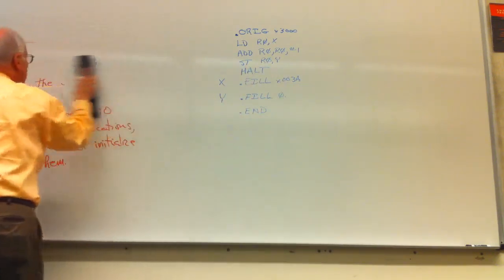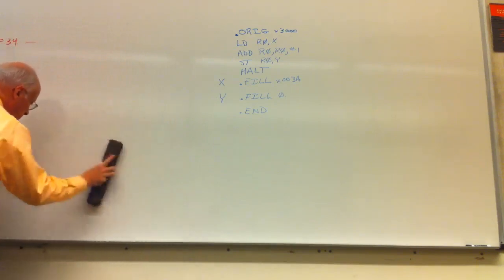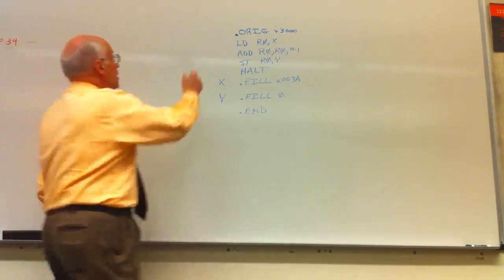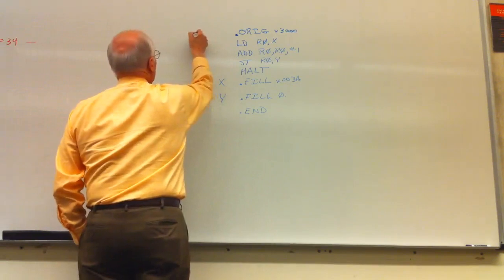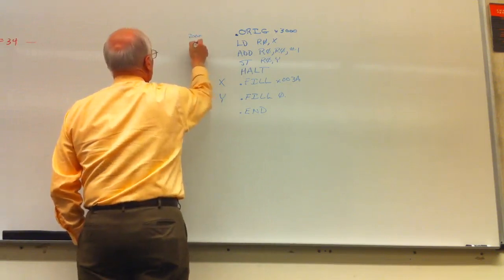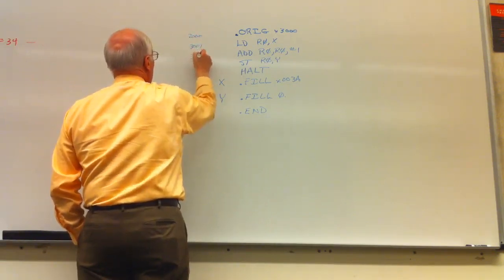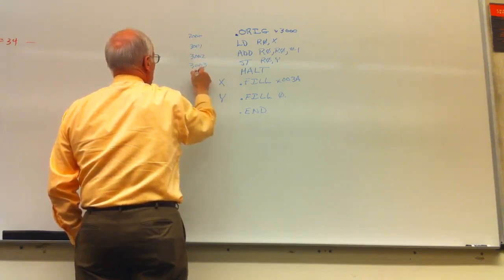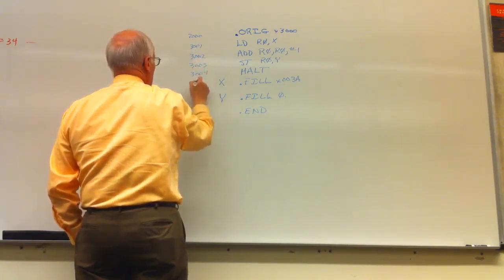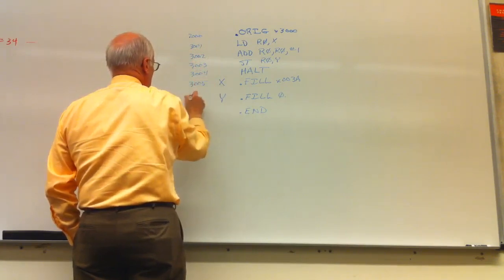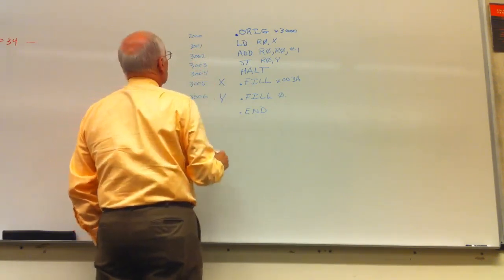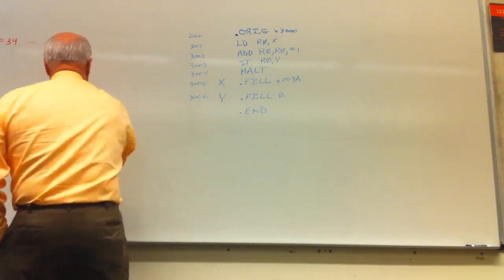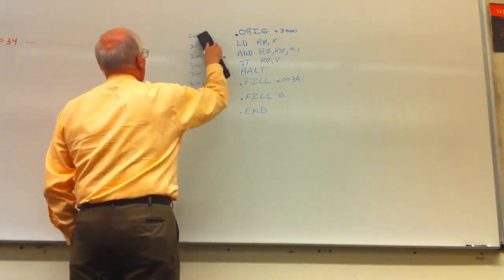Now, here's what happens. This is, of course, at location 3,000. This is 1, 2, 3, 4, 5, 6. Oh, wait a minute. That thing's messed up.